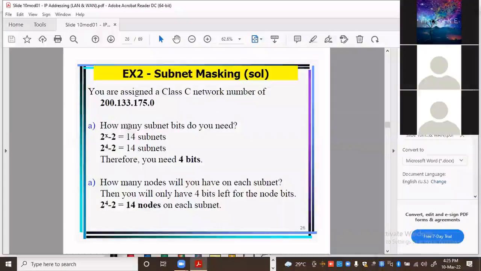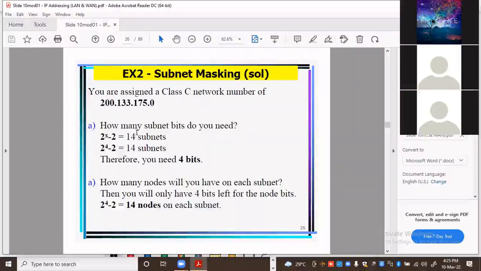Now the first question is, how many subnet bits do you need given this particular scenario? We have this IP address 200.133.175.0.